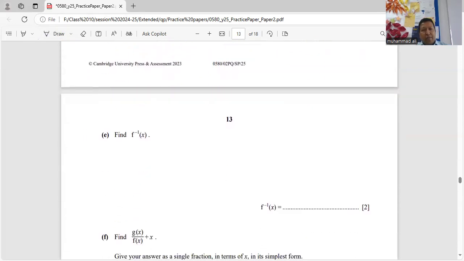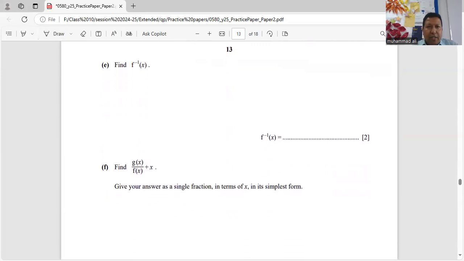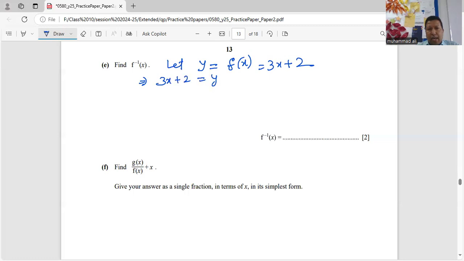Part D completed. Now f inverse of x. So we have to write, let y equal f(x) equals 3x plus 2. We have to make x the subject. So we can write 3x plus 2 equals y. 3x equals y minus 2. x equals (y minus 2) divided by 3.